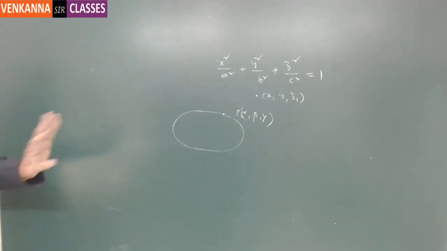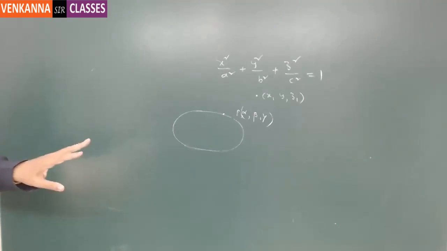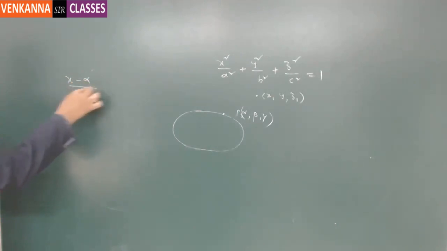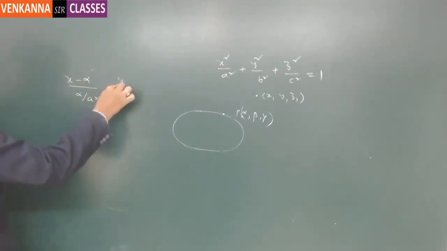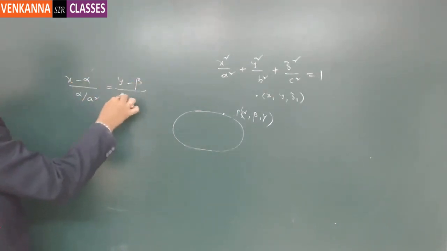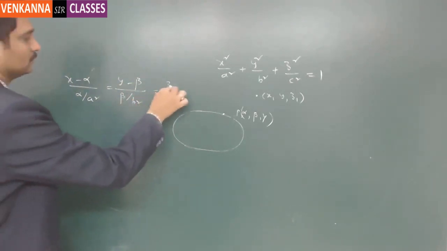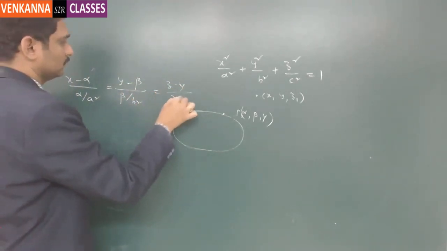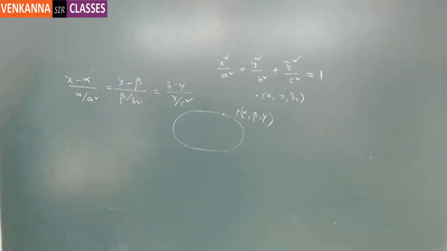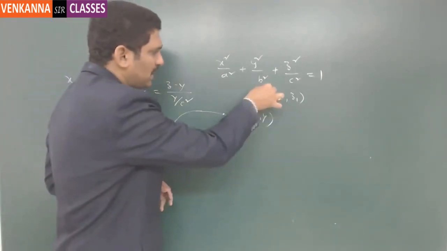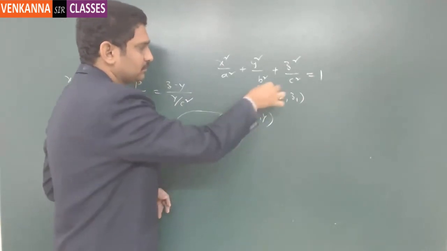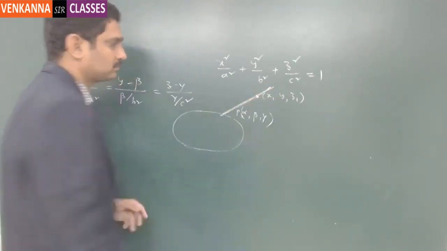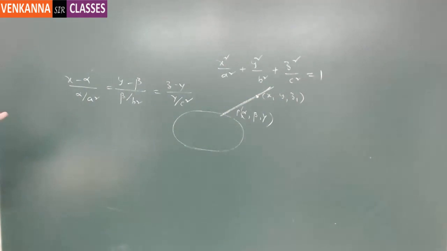Here I am not measuring any distance. So I will write the normal equation; this is the equation of the normal to the ellipsoid at the point P. Suppose this normal passes through the given point x1, y1, z1.